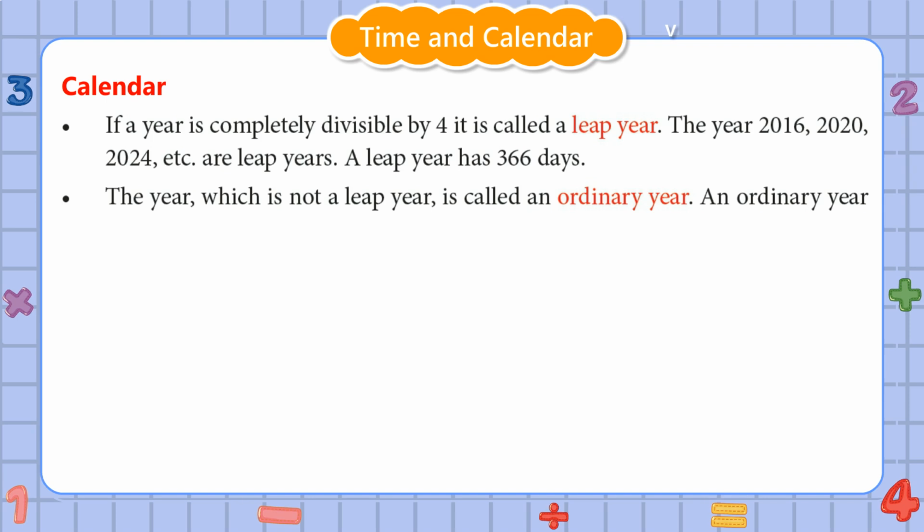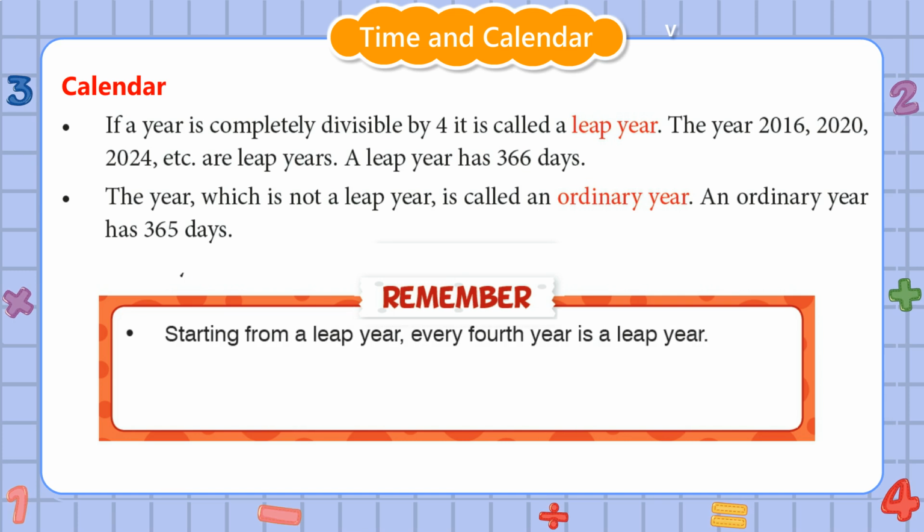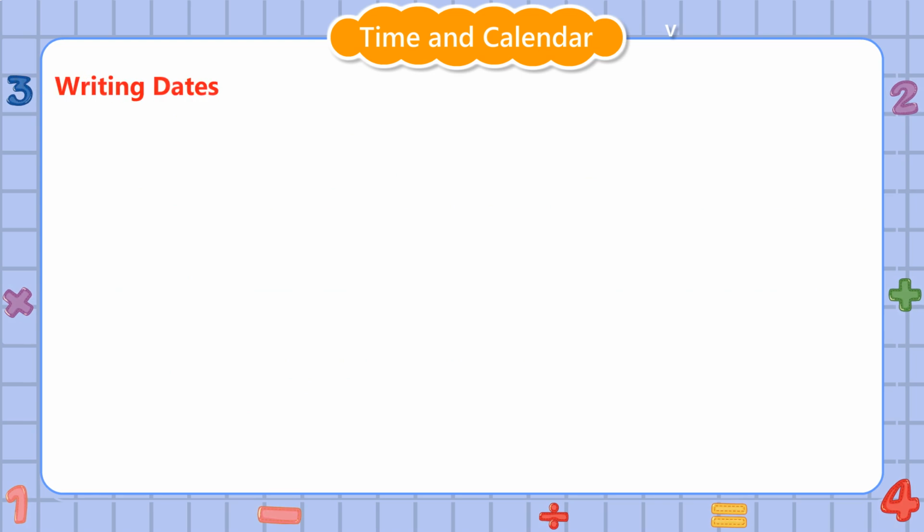The year which is not a leap year is called an ordinary year. An ordinary year has 365 days. Remember, starting from a leap year, every 4th year is a leap year. February of each leap year has 29 days. February of each ordinary year has 28 days.